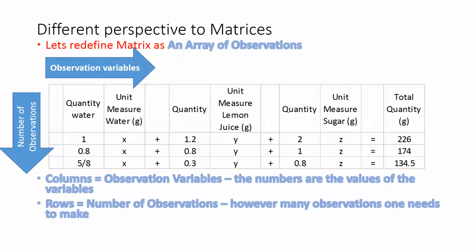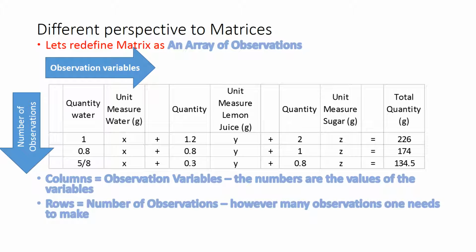These unit measures are the unit measure of water, say X, unit measure of lemon juice, say Y, and unit measure of sugar, say Z. In row 1, or the first observation, 1 unit measure of water is added to 1.2 unit measures of lemon juice, which is added to 2 unit measures of sugar, making up a total of 226 grams of lemonade, or simply ml of lemonade.